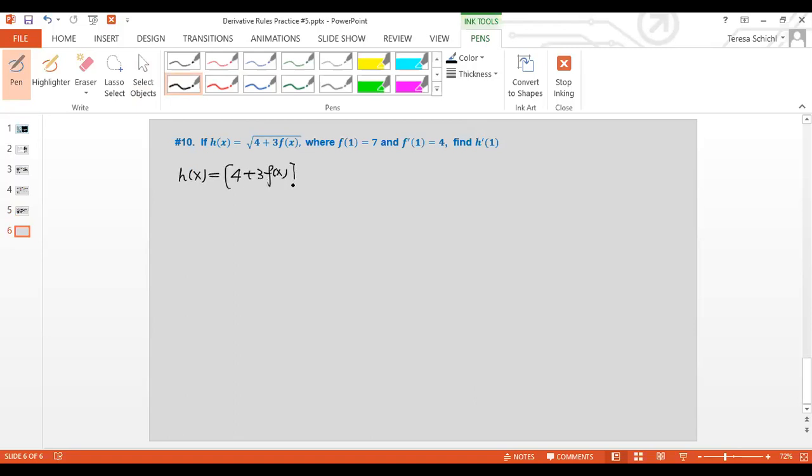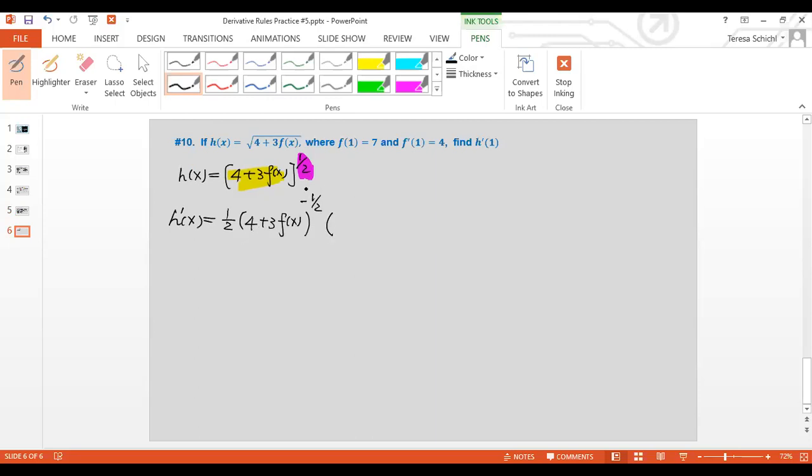The square root is the power of 1/2, so I know my primary is the 1/2 power, and my secondary is 4 plus 3 f of x. So the first layer is the 1/2 power, so I use the power rule. This will be 1/2 times 4 plus 3 f of x to the what? Negative 1/2, because 1/2 minus 1 is negative 1/2.